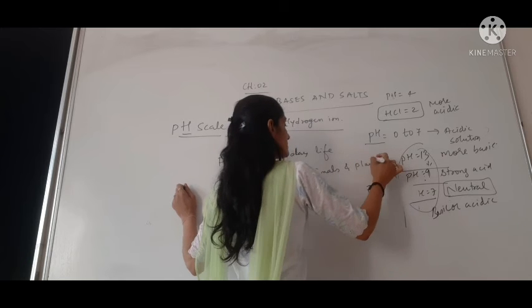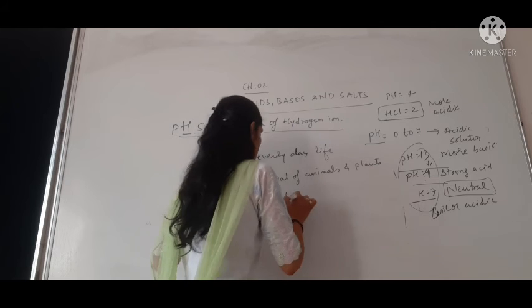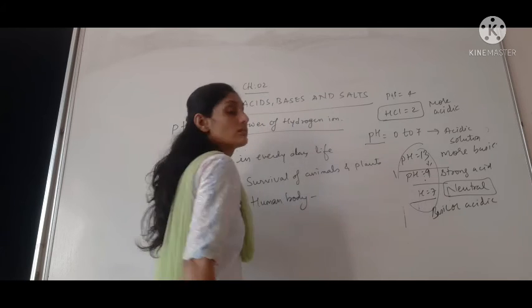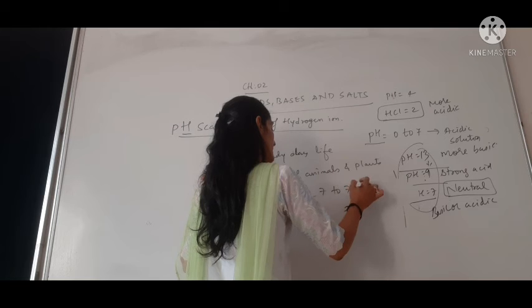aquatic animals and plants. So we know that the human body or any particular living organisms, we are surviving between 7 to 7.8 pH.